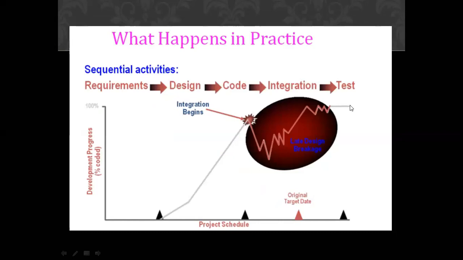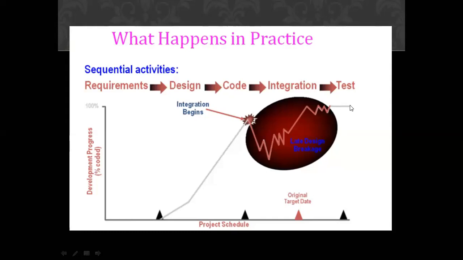So in this graph, I have told you that when integration begins, most of the defects start happening, because of which the original date of delivering the product can get delayed, or sometimes it remains incomplete. So this particular portion takes more than 40% of the resources of the complete life cycle.